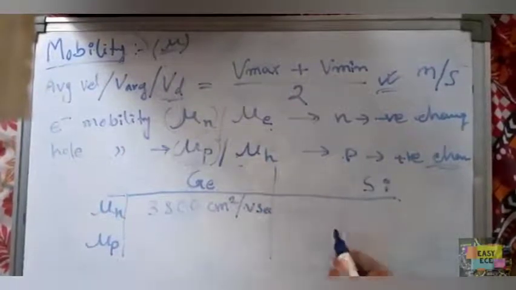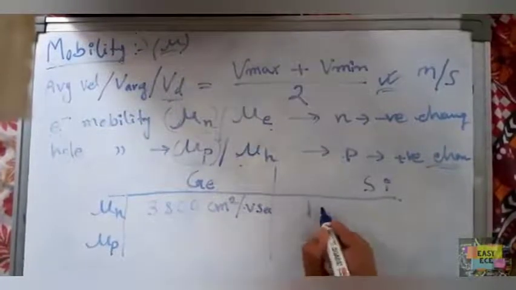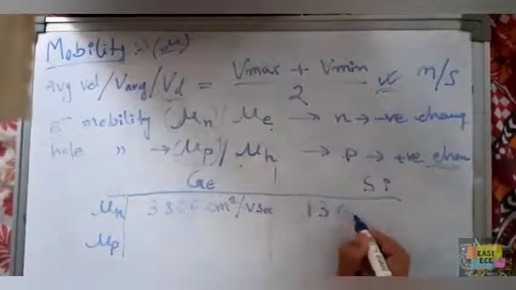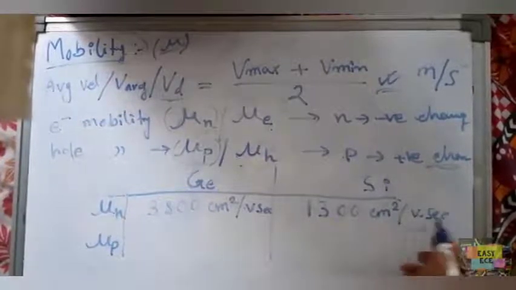For silicon, the electron mobility is 1300 centimeter square per volt second.